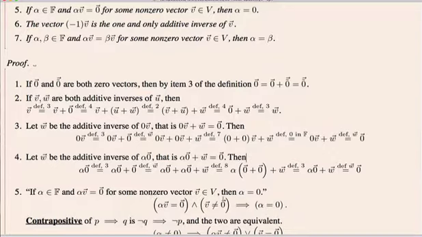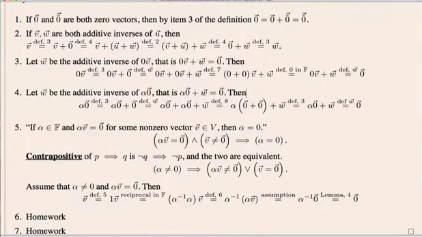One way to show an implication is that we use the contrapositive, and the contrapositive of an implication P implies Q is not Q implies not P. And you have to know that the contrapositive is equivalent to the original implication. So the two are equivalent.